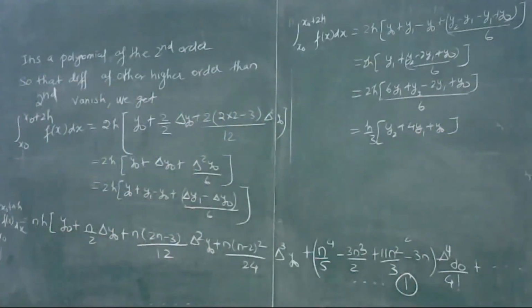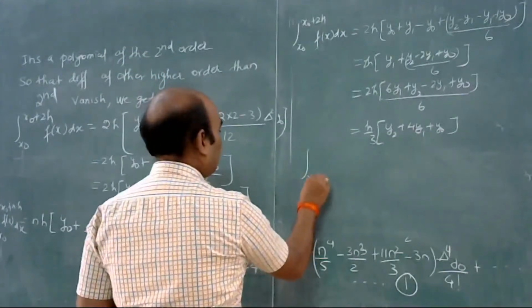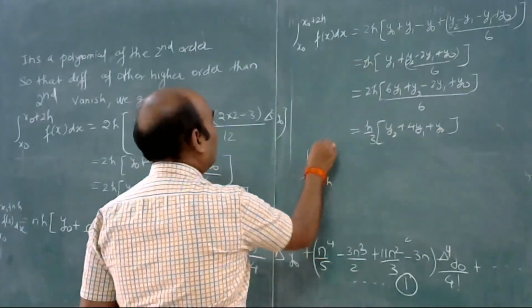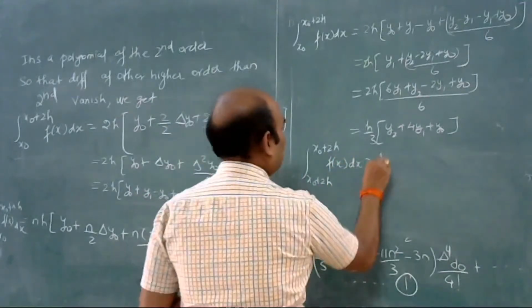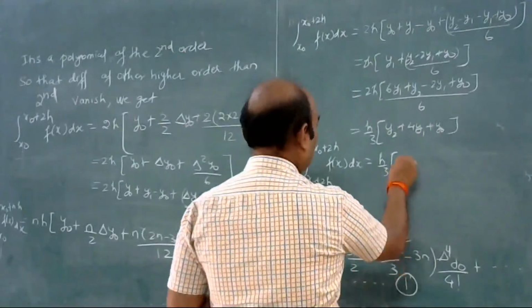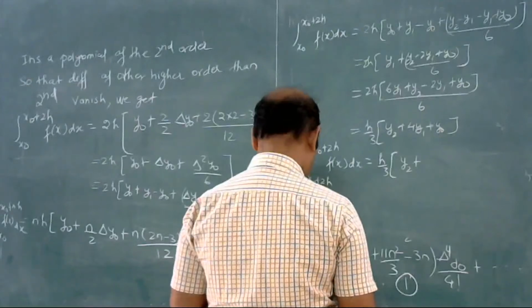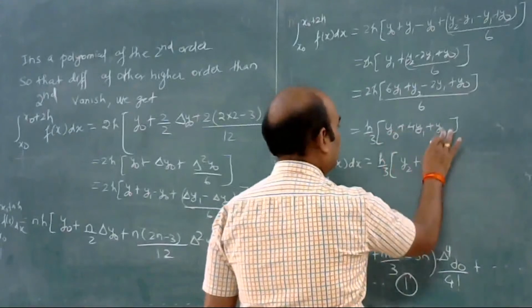Okay. So on deducing this, you will get this value. So similarly, for the next curve, x naught is incremented by 2h. The integral from x naught plus 2h is h upon 3 times y2 plus 4y3 plus y4. So here we have the indices 0 and 2.